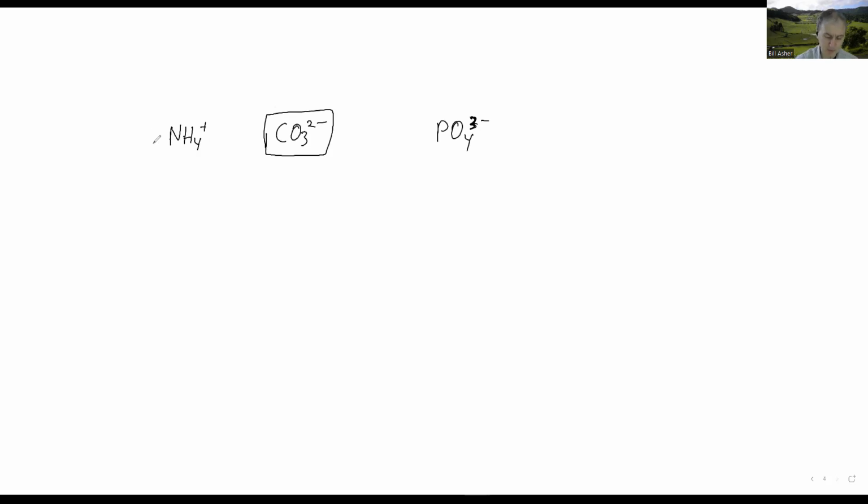So if we looked at the structure for NH4, well, we looked at NH3 and it was N with H H H, right? And there was a lone pair here, right?